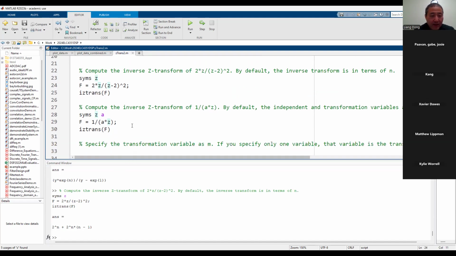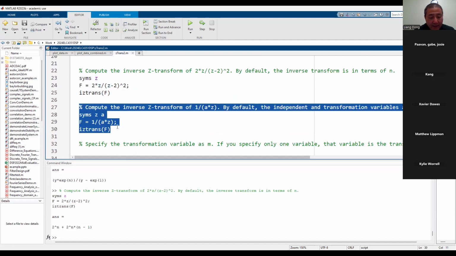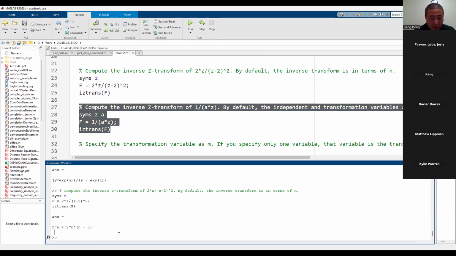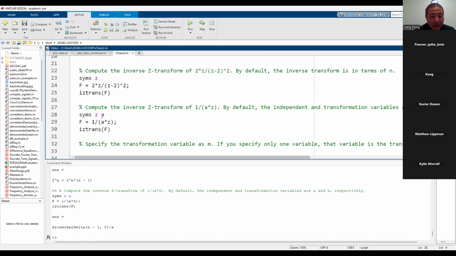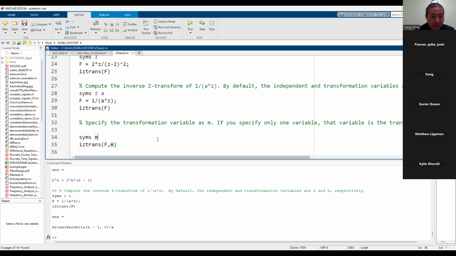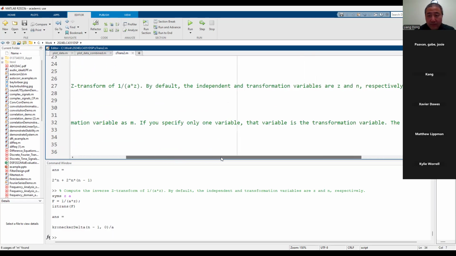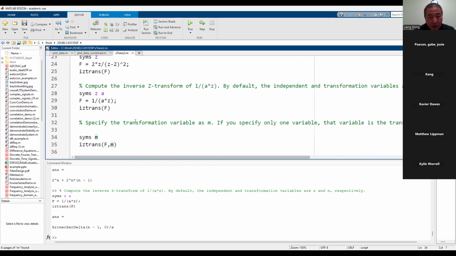Okay, so next, if I have a variable a defined, so here, let me copy that. Excuse me.